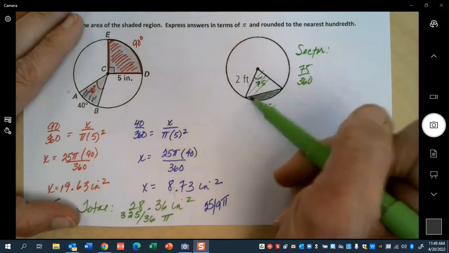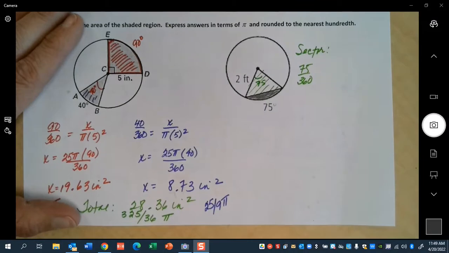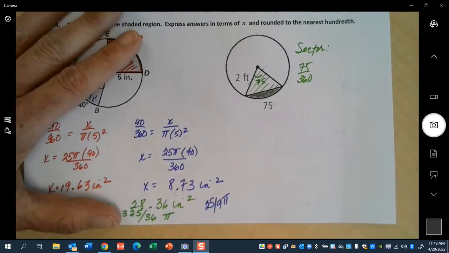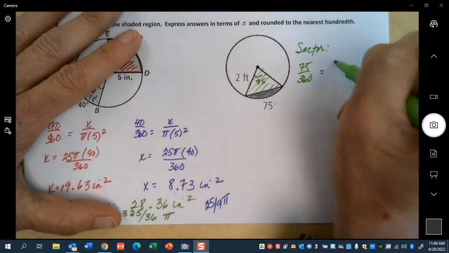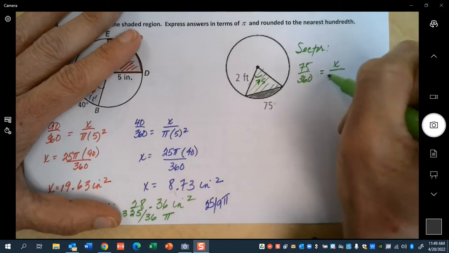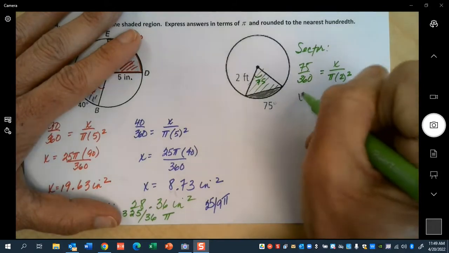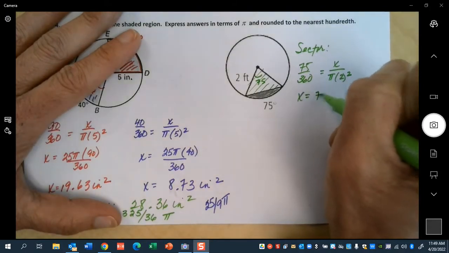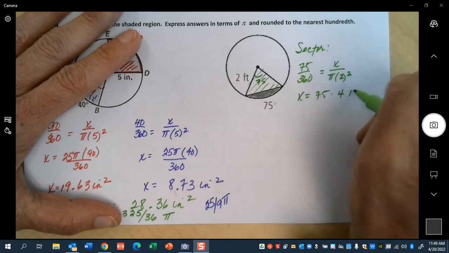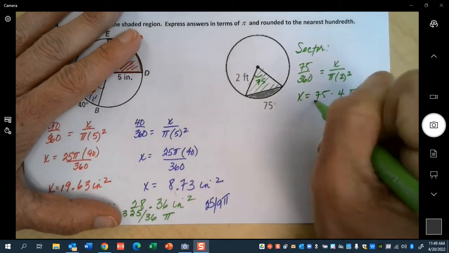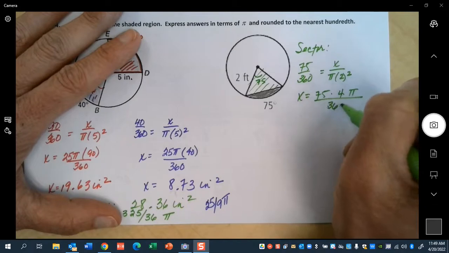And I'm going to find the area of this whole triangular wedge. And that's going to be equal to what I'm looking for times pi times my radius squared. So then my x is going to be equal to 75 times 4 times pi, and that's all going to be divided by 360.